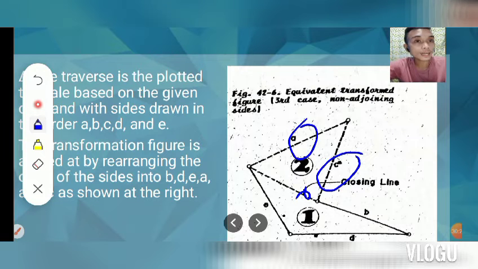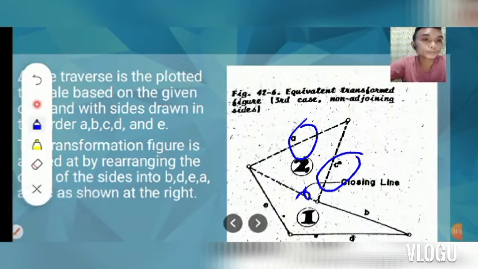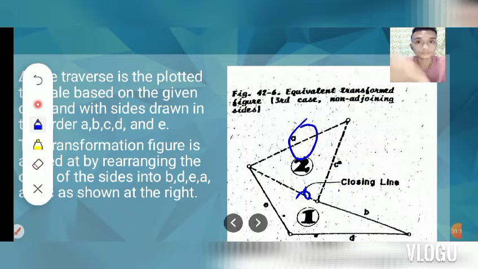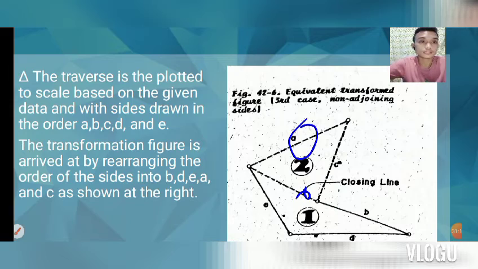Then we can apply trigonometric functions, since it forms a triangle. So we need a closing line to form a triangle, which will result in our computations. Later on, I will show the computations. Okay, next.